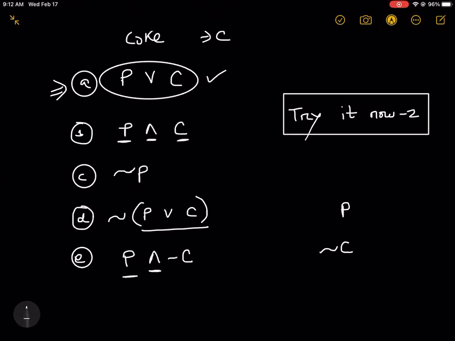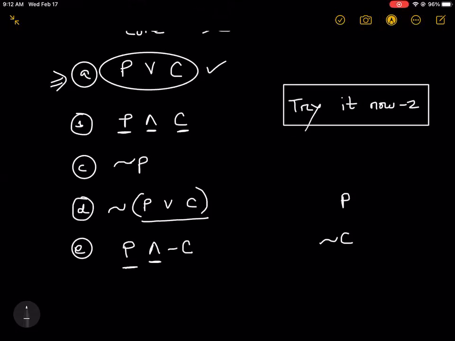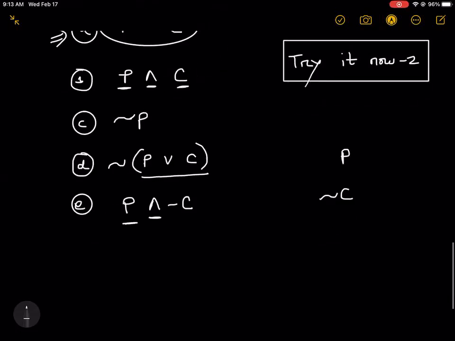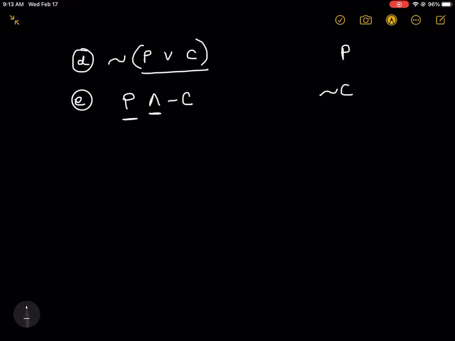Once again, the only thing you need to do here is to write the same statement using symbols instead of this whole big sentence. The question wants you to translate it using symbols. Let me write it for you so that it's more convenient.